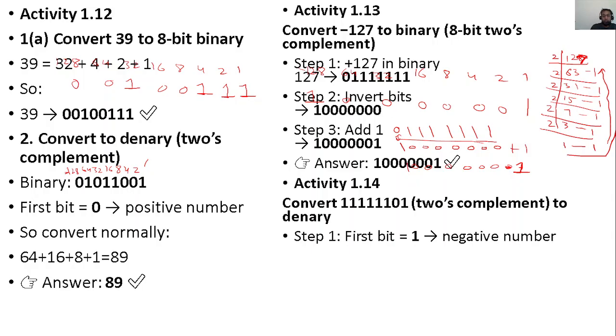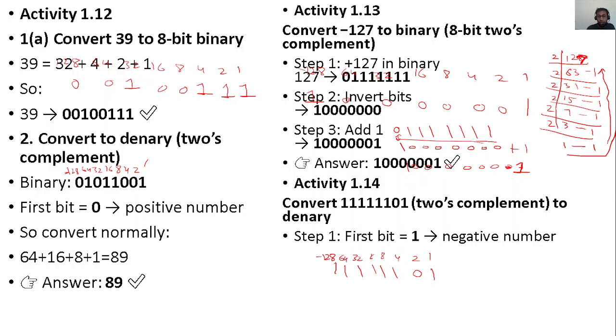Now the first bit 1 is negative. This is another number. First bit 1 is negative. Convert 2's complement to denary. Now this first bit is representing a negative number. So let me write this number: triple one, triple one, 0, 1. We have 1, 2, 4, 8, 16, 32, 64, and the most significant will be minus 128.